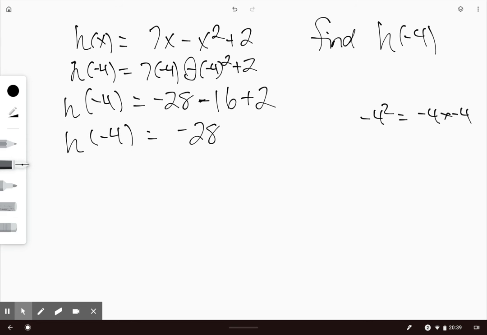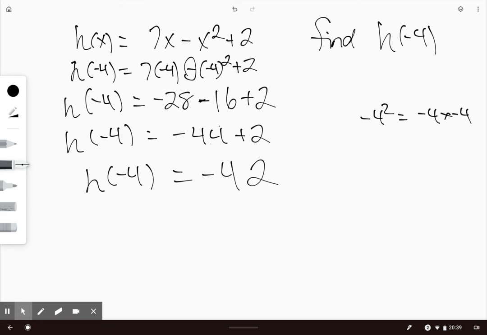So negative 28 minus 16 is a negative 44 plus 2. So the h of negative 4 equals a negative 42.